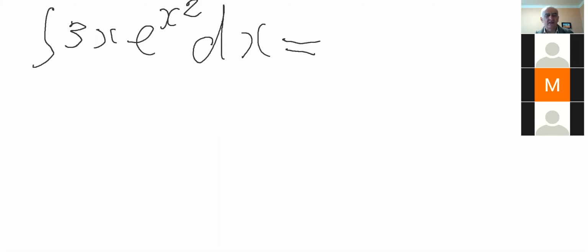Now, please notice this x and this x. The power of this x is less by 1. The power of this x is 1 and the power of this x is 2.